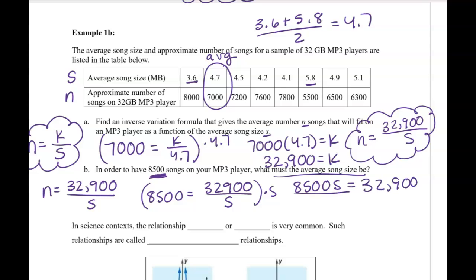Solve for S, which is our average song size, divide by 8,500. So S will be 3.9 megabytes.